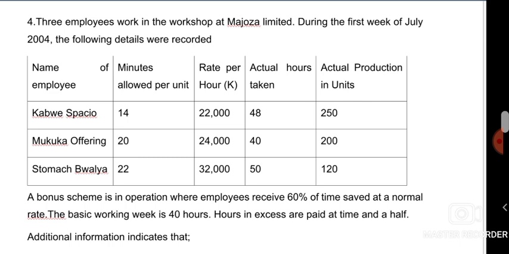Now you want to get the standard time that someone should take for producing those particular units, then you compare with the actual hours. Then you know this person has saved, this one hasn't saved. So let's start with how to get time saved. We'll talk about overtime later.